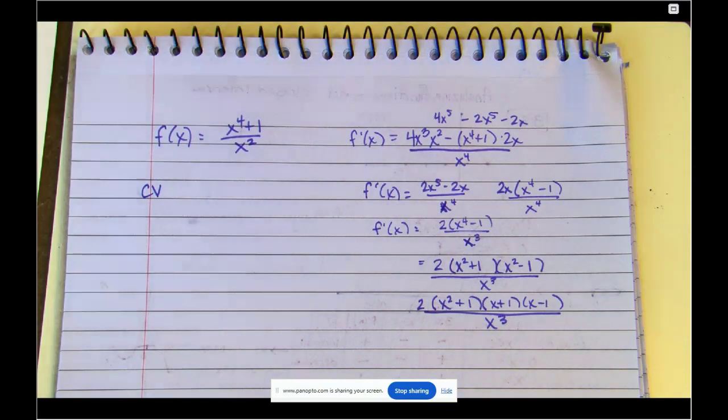No giving up. Just pick which one we're going to put that 2 with, so that we don't have to worry about it. I just want you to find the critical values first, though. Okay, so critical values: 1 and negative 1. And 0.